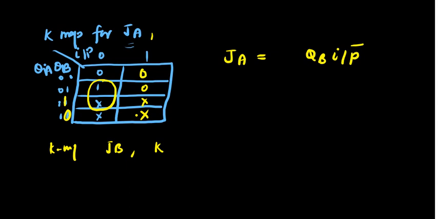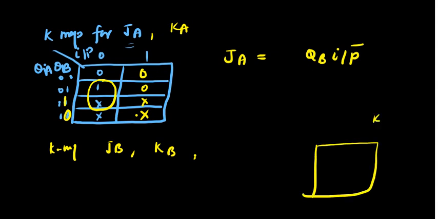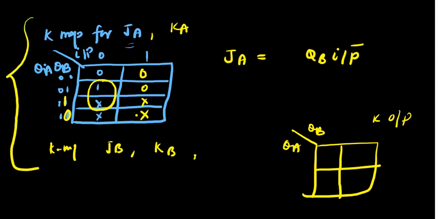Similarly, you have to write the K map for JB, K map for KA, K map for KB, and next you have to write the K map for output, but output is only a function of QA, QB. Try to solve it, and we'll discuss it in the next class, because I think it's too much for you.